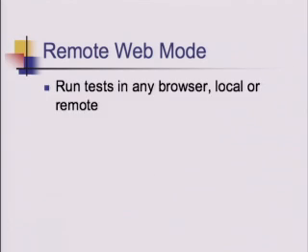So I talked a bit about remote web mode, but let's talk about some of the details there. Remote web mode is different than web mode and hosted mode because you actually get to pick the browser that you execute in. All the tests that you run will run in parallel. What's really great about this is that you can execute your unit tests on, say, Firefox, on Opera, on IE6, on IE7, on Safari 2, on Safari 3.